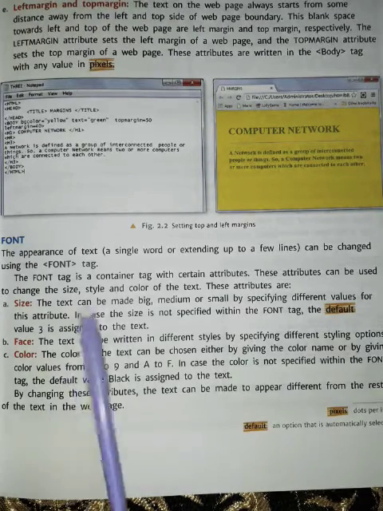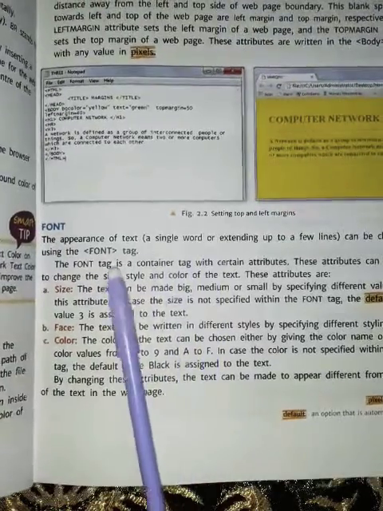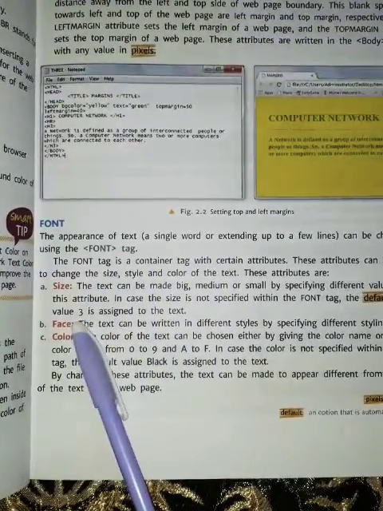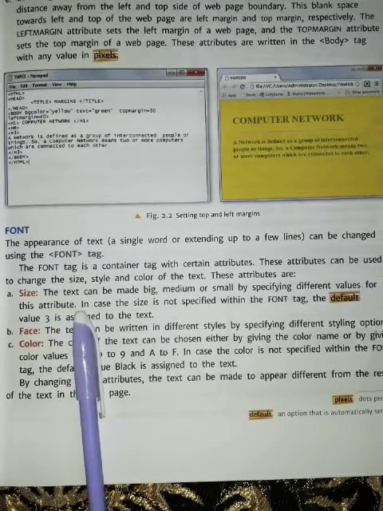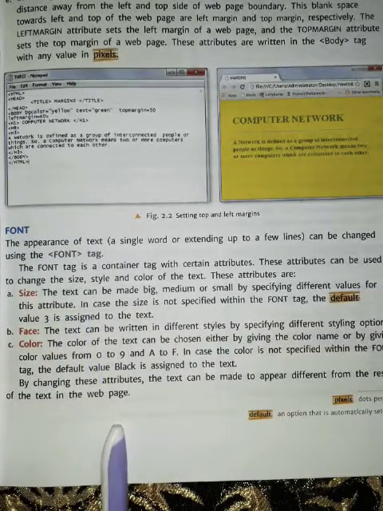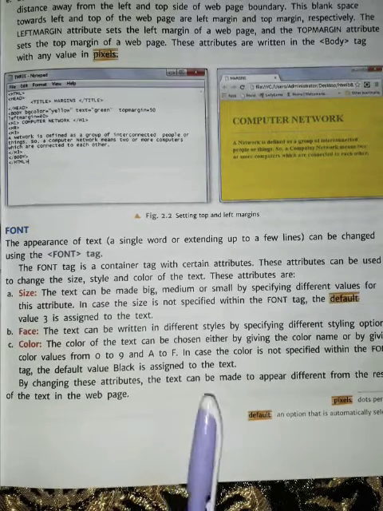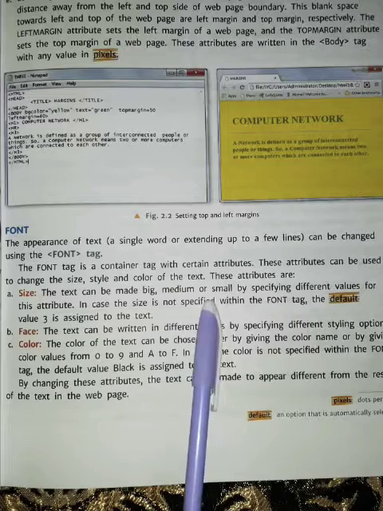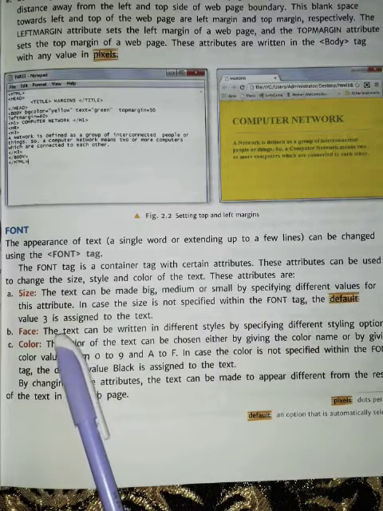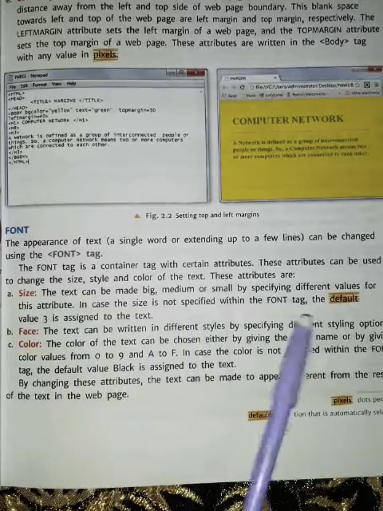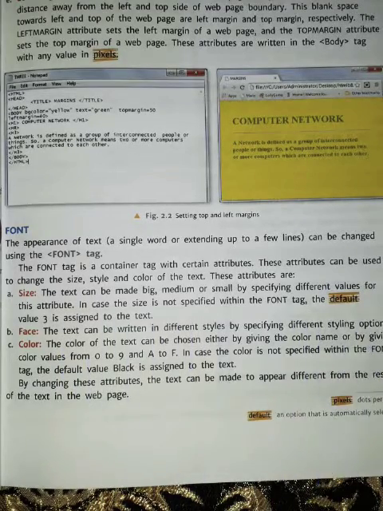The attributes of font are size, face and color. Size means if you want to make the text small or big, we can specify the size value. The default value of the text size is 3, but we can change it by changing the value.